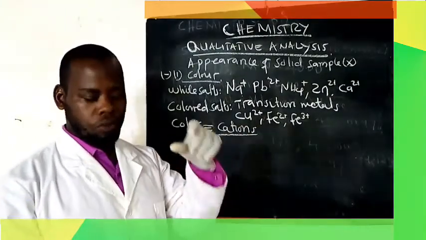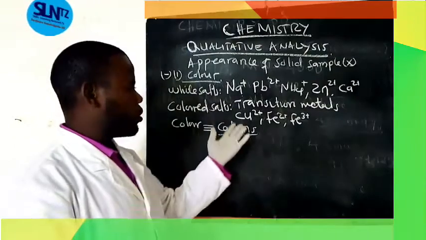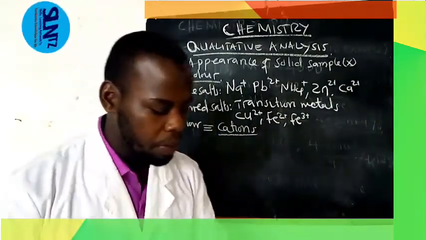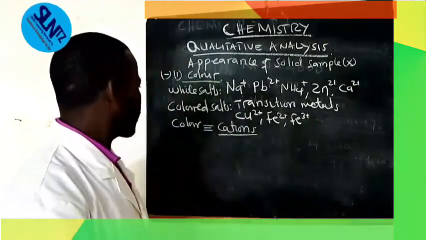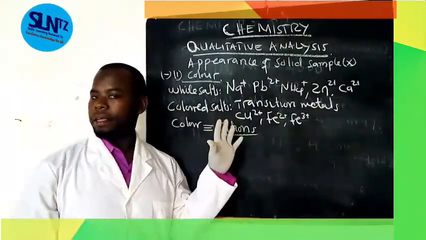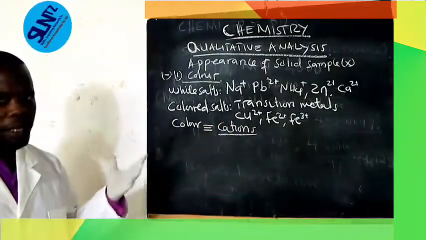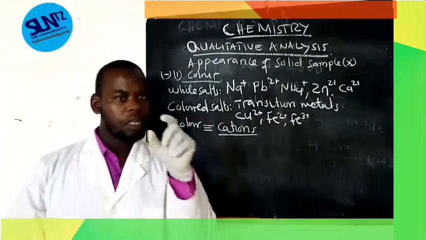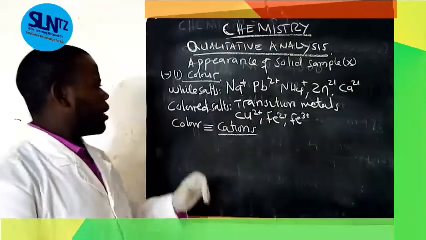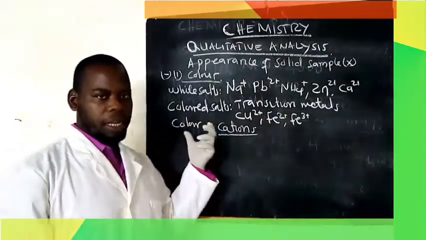Then I will go to a specific color to see which is present in our sample X. So that is color. I think you have noted something. That is the side of color.